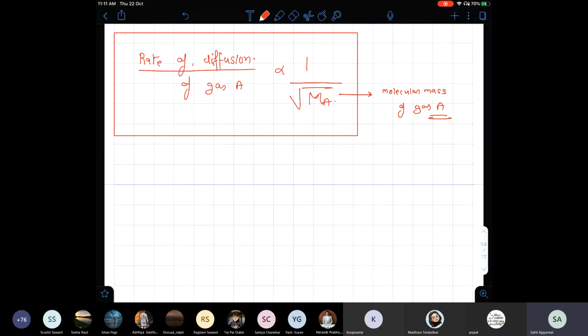Now, rate of diffusion can be distance traveled by gas per unit time.